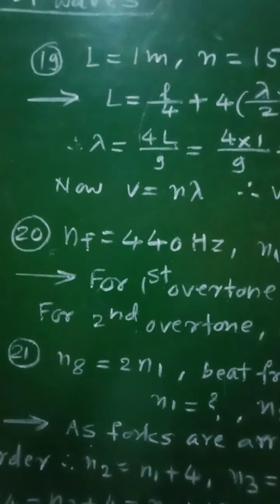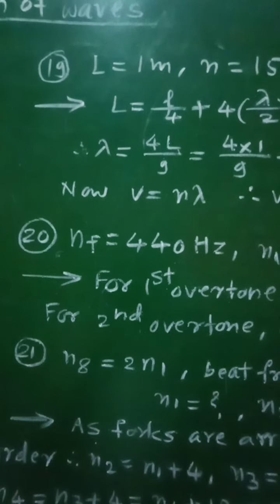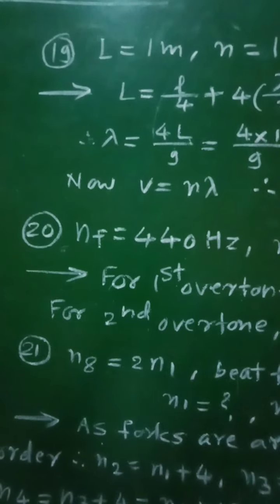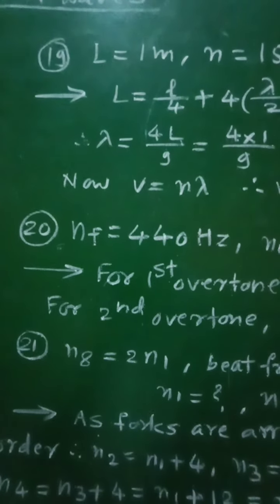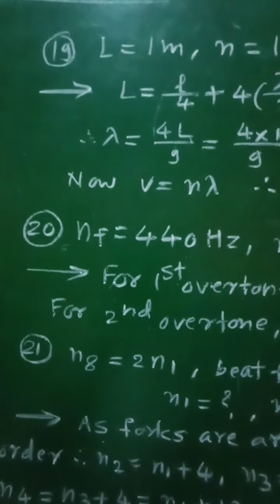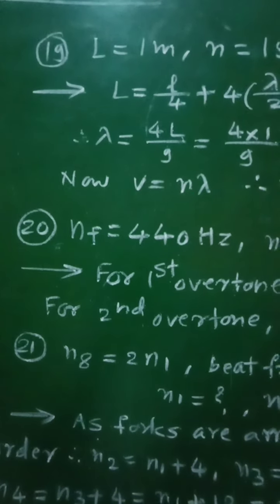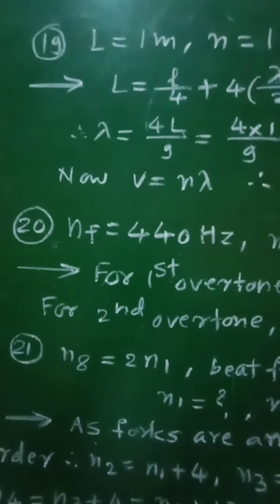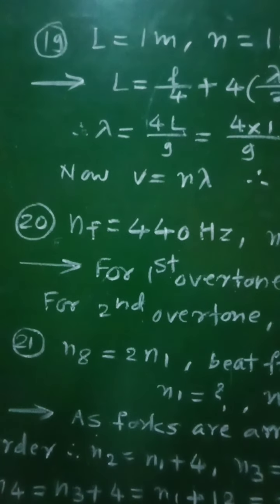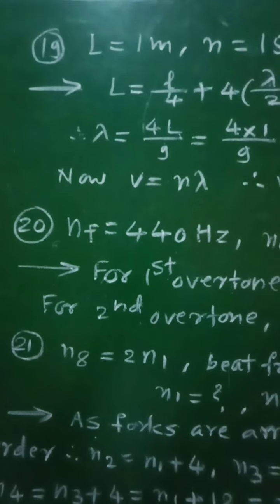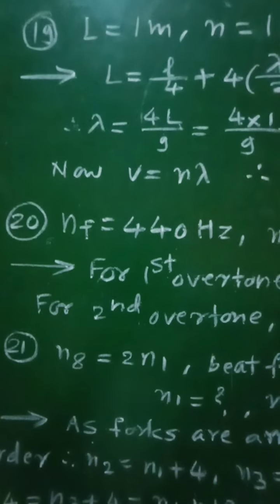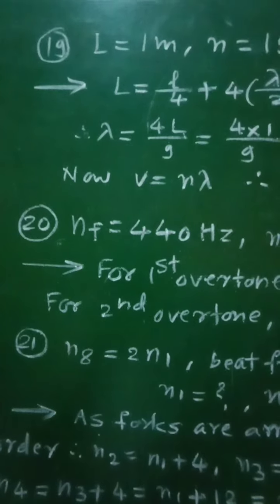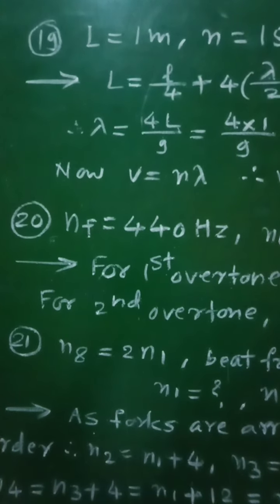Due to this, a stationary wave with 4 complete loops gets produced on the string. Find the speed of the progressive wave which produces the stationary wave. The hint given is to remember that the moving end is an antinode.